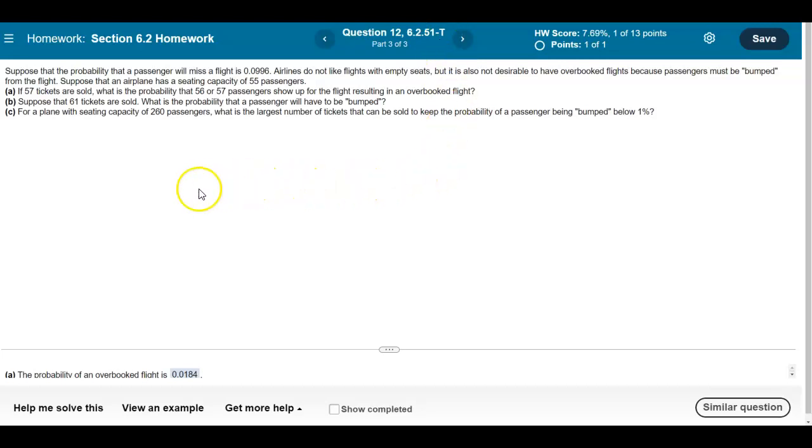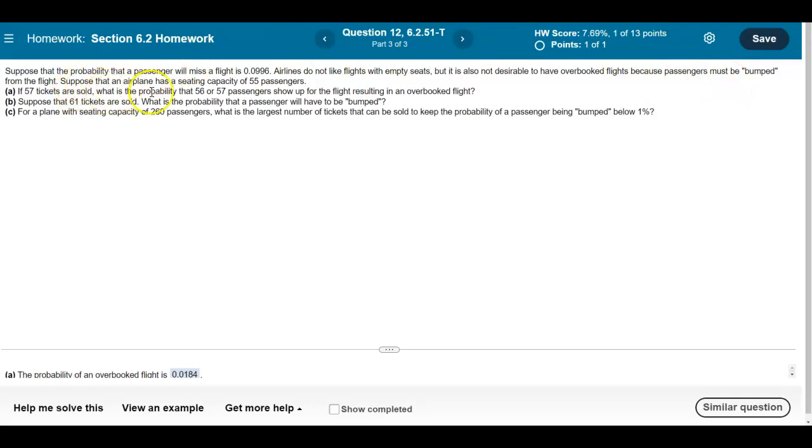6.2.51-T. The question says, suppose that the probability that a passenger will miss a flight is 0.0996. Airlines do not like flights with empty seats, but it is also not desirable to have overbooked flights because passengers must be bumped from the flight.